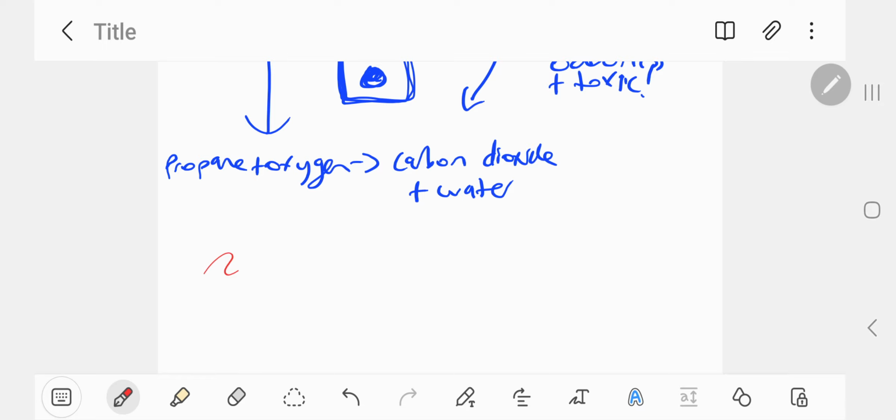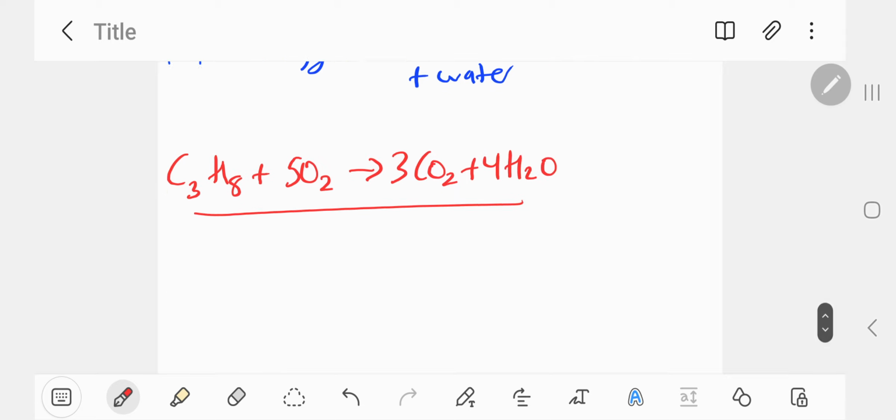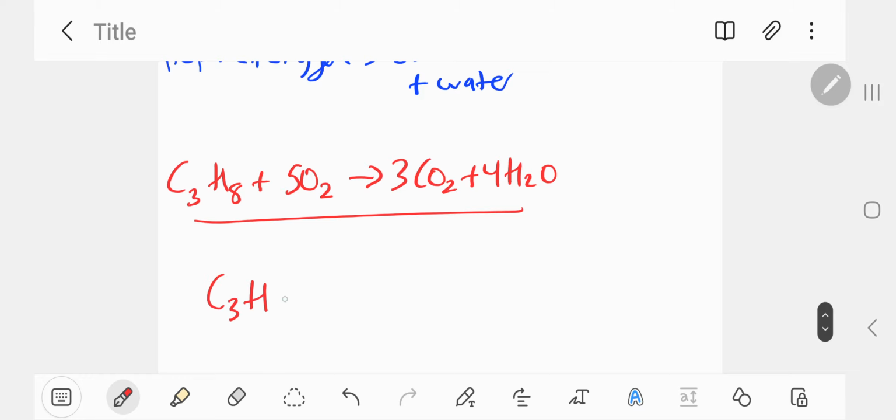So propane has the chemical formula C3H8 plus oxygen. Let's suppose I've got 5 oxygen molecules, and I'll get this. So I'm writing the balanced formula. This, and I've got this. I've got the same propane, but written like this.